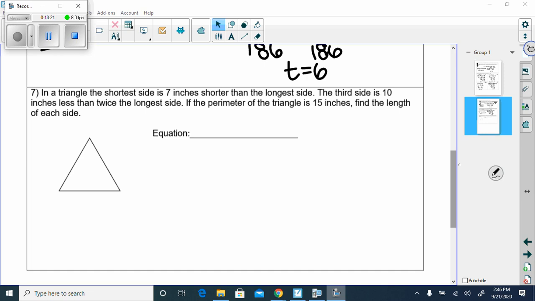So I'm going to say that this side over here is my short side. They also said that we had a longest side. So I'm going to call this one over here my long side. And then they said we just have a third side. So I'll call this one my third.